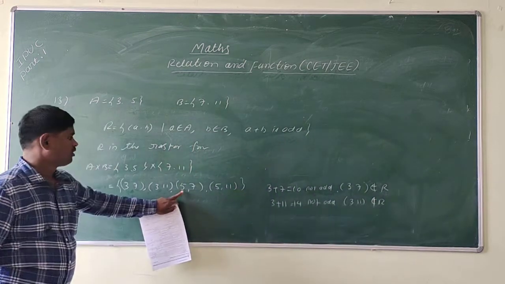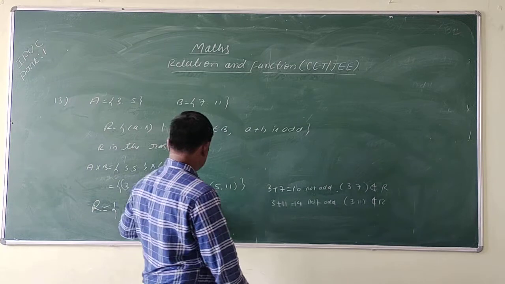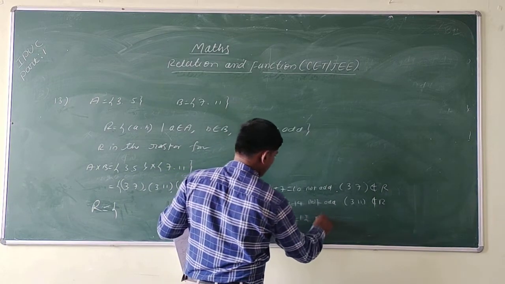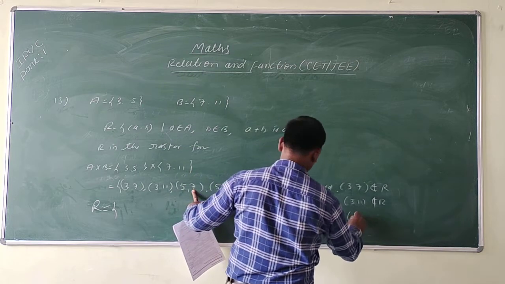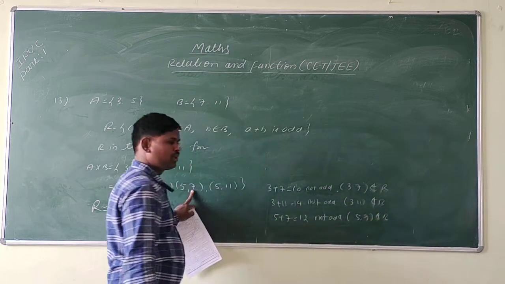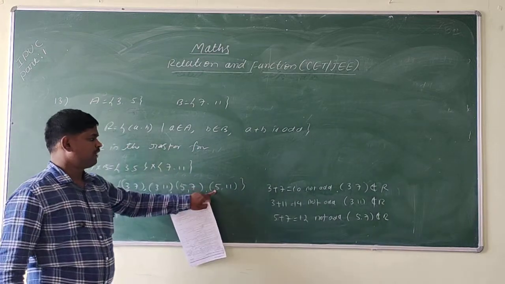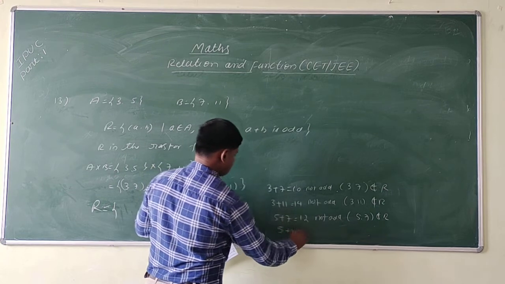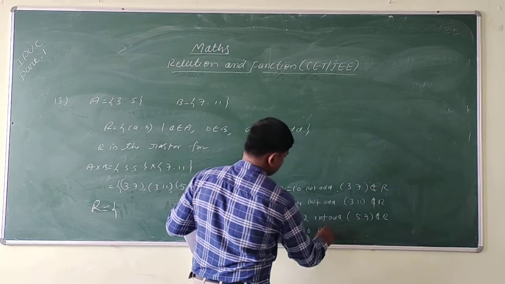Next, (5, 7): that is 5 plus 7, which is 12, so not odd. Therefore (5, 7) does not belong to R. Next, (5, 11): 5 plus 11 is 16, which is also not odd.